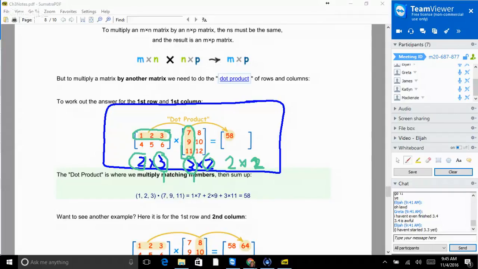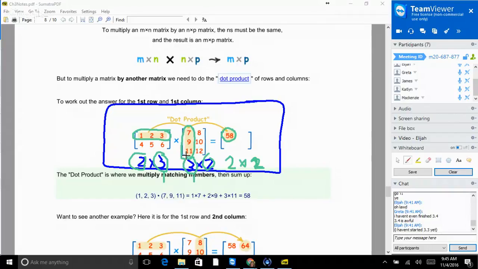Okay, so in order to find the first row, first column over here, you're going to multiply the first row of the first matrix by the first column of the second matrix.